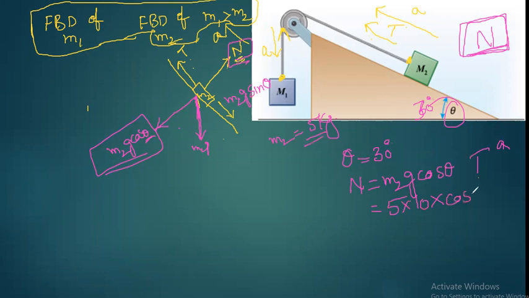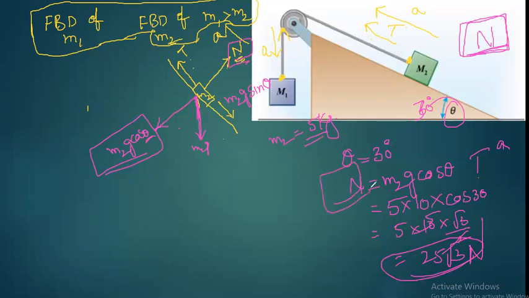Cos 30 means sin 60, which is root 3 by 2. So 5 times 10 times root 3 by 2 gives 25 root 3 Newton as our normal force. Got it? In this way, you can easily solve any kind of problem if they ask for normal force. And this is normal force.